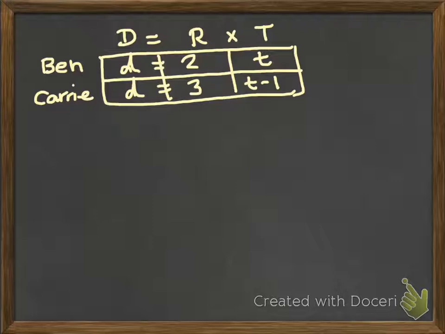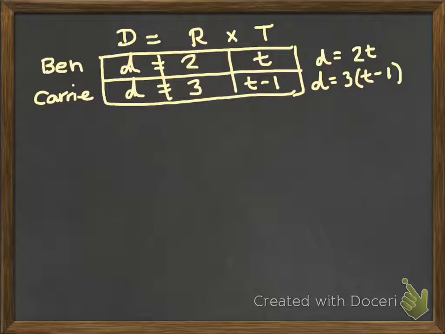So we have the first equation, D equals 2 times T. That's Ben's equation. We have Carrie's equation, D equals 3 times quantity T minus 1. Okay, we want to find out when Carrie is the same as Ben.